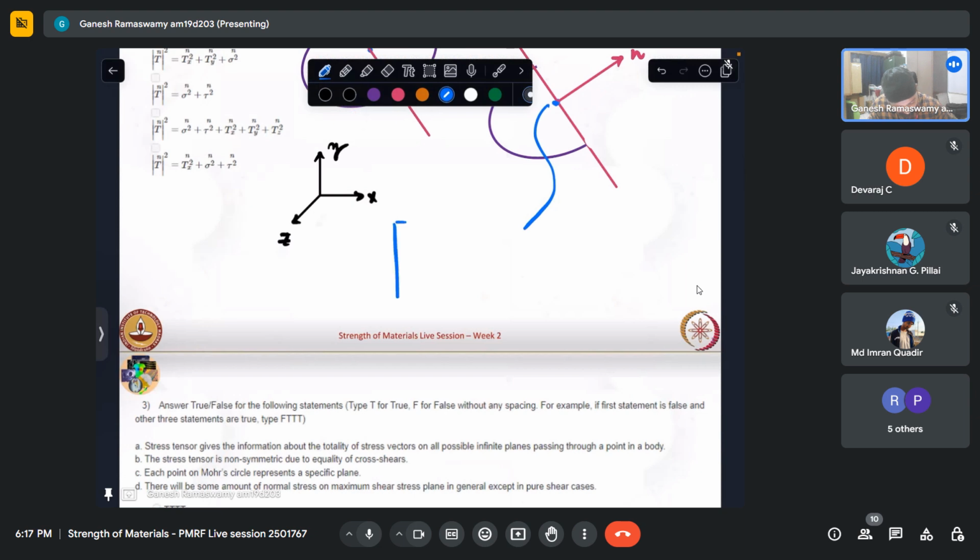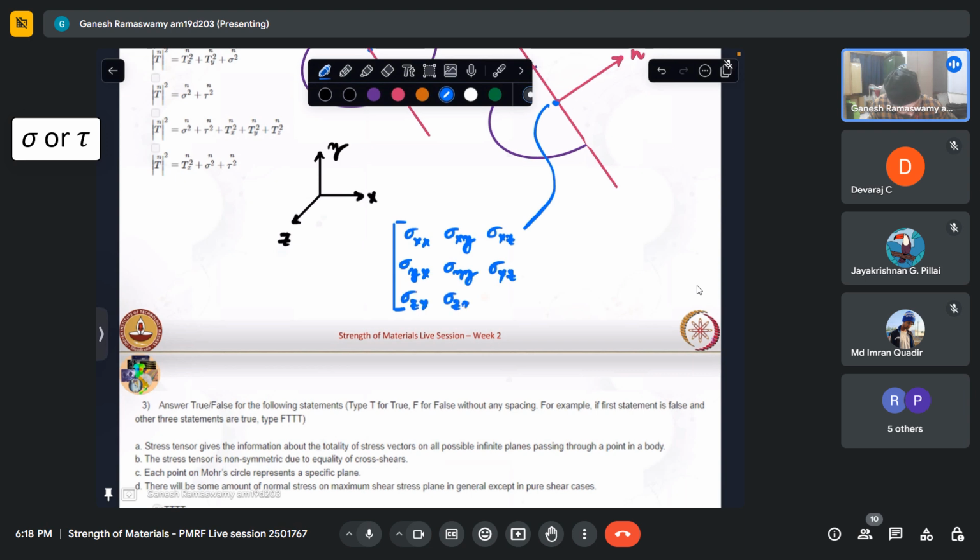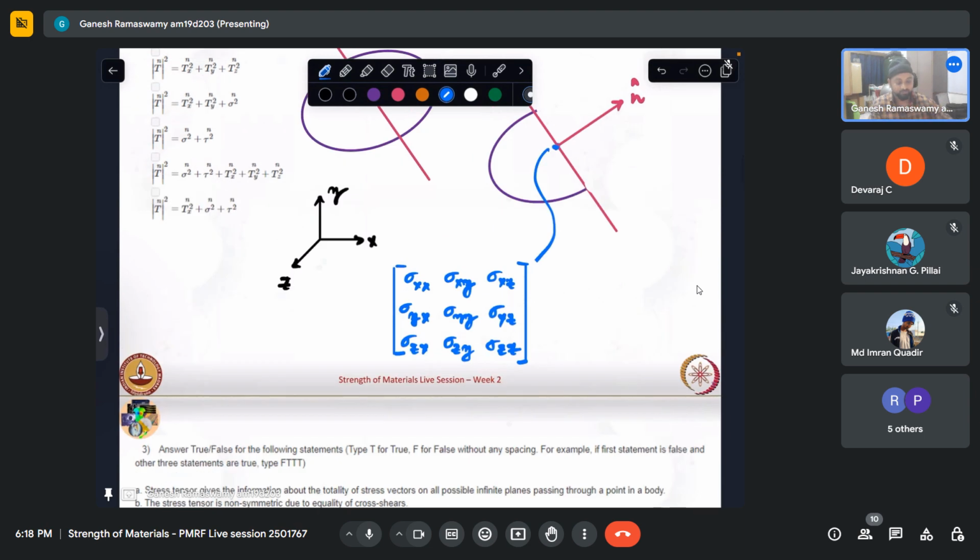At this point, if I were to say that the stress tensor is basically sigma x x, sigma xy, sigma xz, sigma yx, sigma yy, sigma yz, and then sigma zx, sigma zy, sigma zz. For the sake of this question, basically this is the stress tensor at that point.